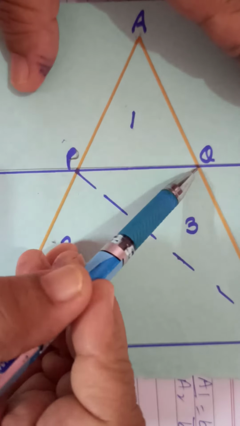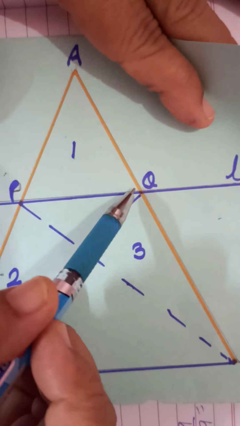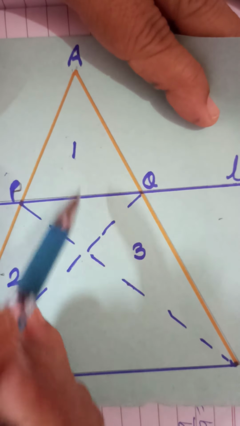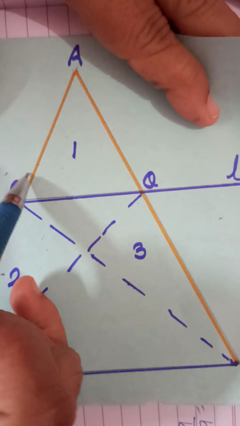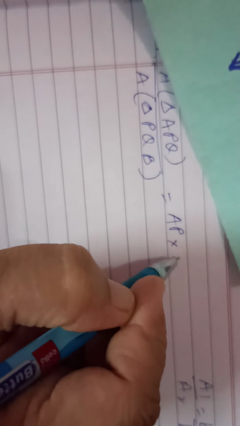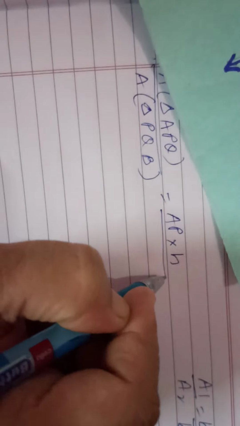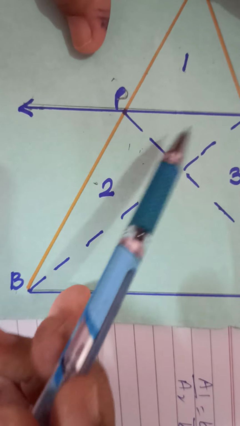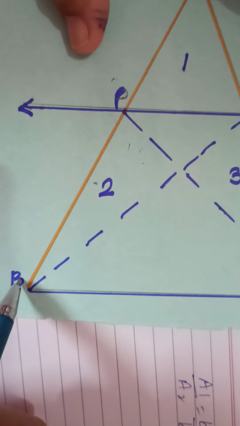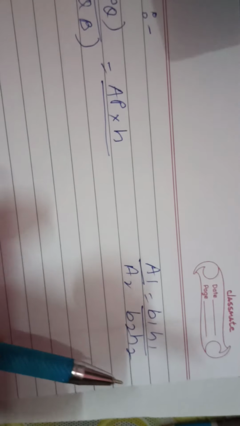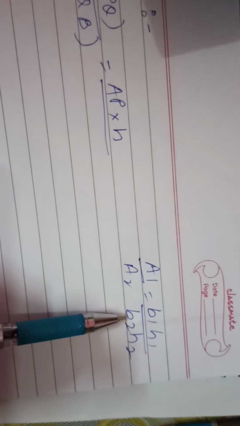So I will write AP, base, into height H1. Since Q is a common vertex, both triangles will have common height. Let us call it H. Upon area of triangle PQB is B2 H2, base of the second triangle into height of the second triangle.